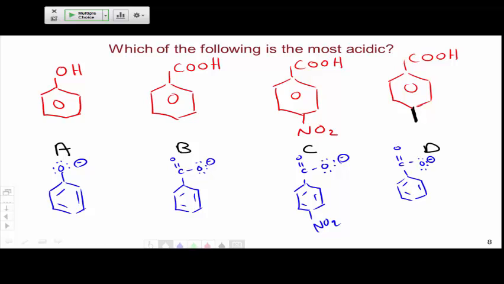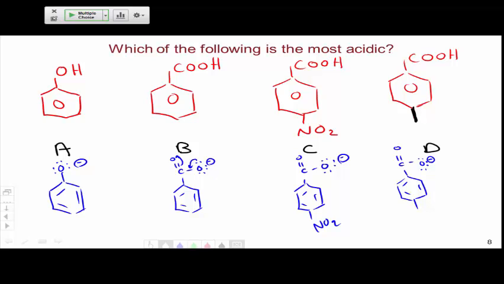So we can easily rule out A, because A is a phenol, and this is the conjugate base of a phenol. One thing about it, yes, the lone pair is on the oxygen, yes, it has resonance with the benzene ring, but if I compare it to the other three, this has a resonance with this.